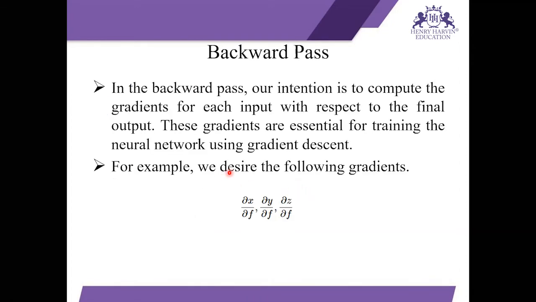Now, in the backward process, our intention is to compute the gradients for each input with respect to the final output. These gradients are essential for training the neural network using gradient descent. For example, we compute the following gradients: dou f by dou x, dou f by dou y, dou f by dou z.